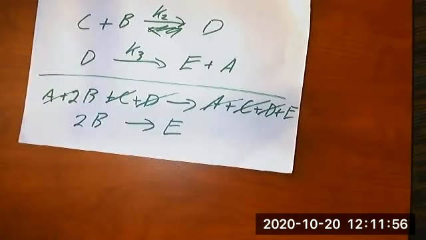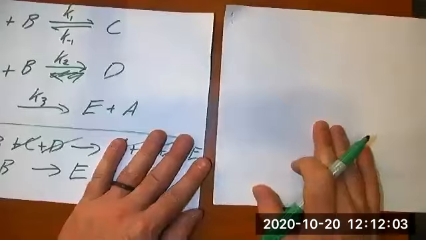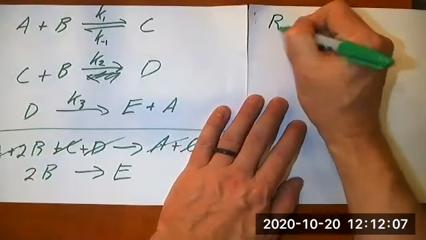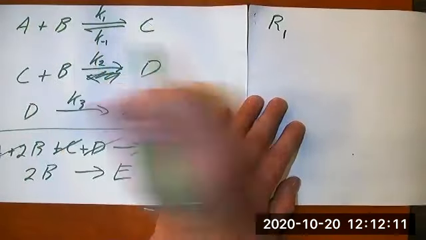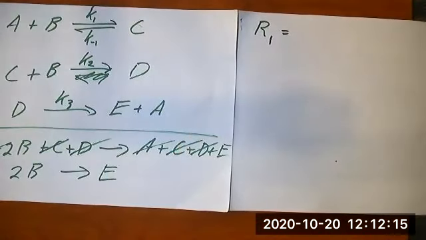Okay, so let's now see what we can do with this. The first thing to do, I think, is to write down the rate expressions for each step. So if we look at the rate for the forward reaction, the first step, what would we write down as its rate?